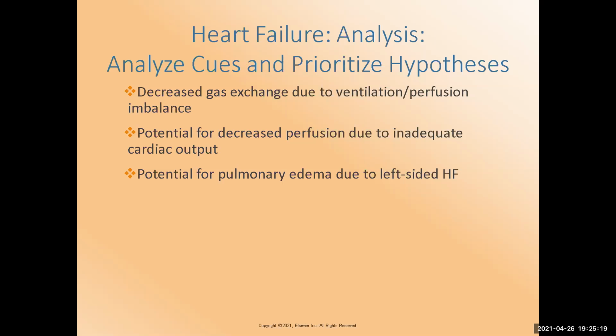Potential for decreased perfusion due to inadequate cardiac output. So potential, this is the same as at risk for, right? So when you talk about potential, you're saying due to left-sided, I would put even related to, because you don't have evidence to put there, okay?